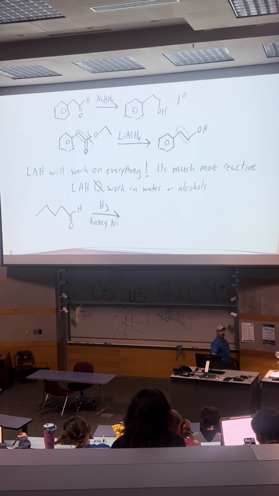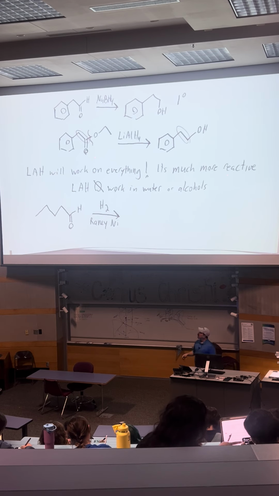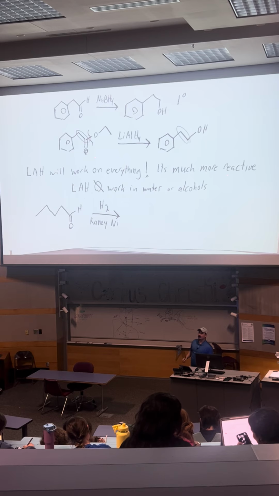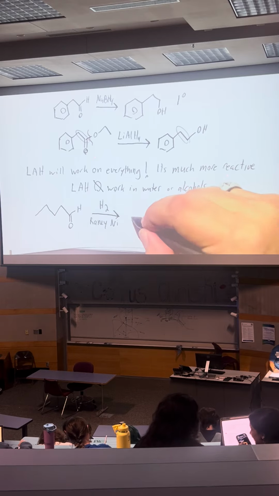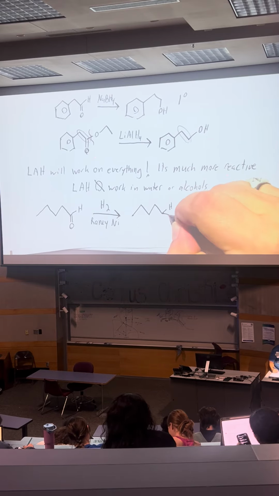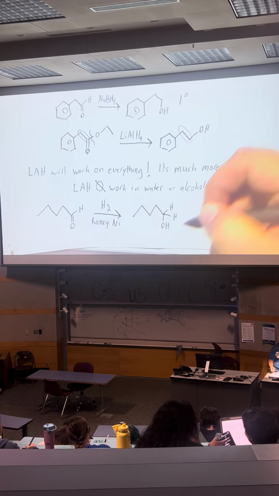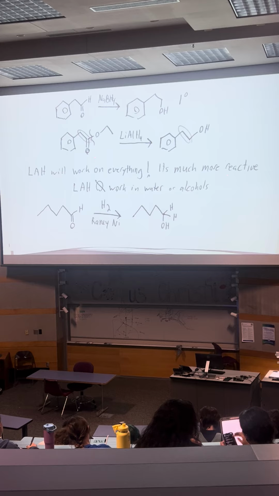It's going to do exactly what palladium on charcoal does. It's going to do exactly what platinum oxide does. And for a molecule like that, it just gets rid of the carbonyl completely. But if you use Raney nickel, it's a reduction reaction, but it's not complete, and it will stop at the alcohol.